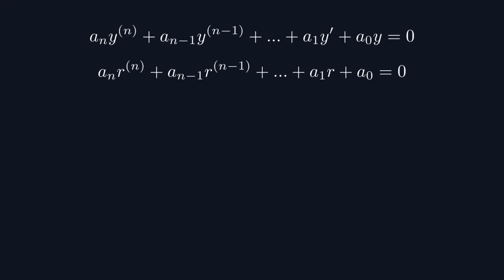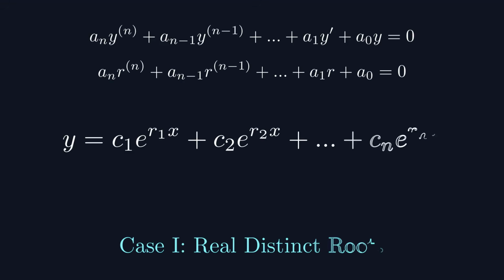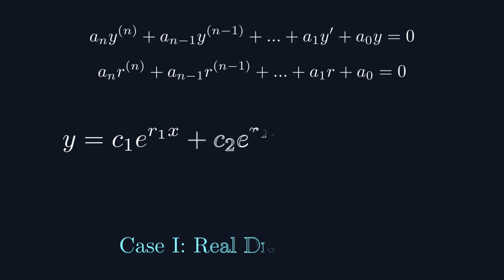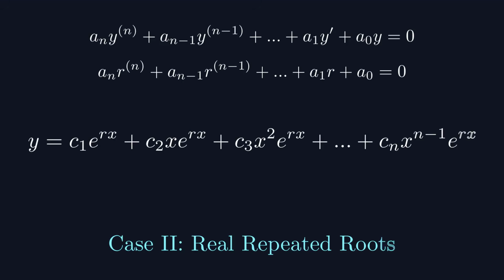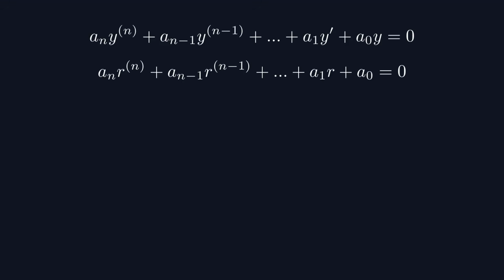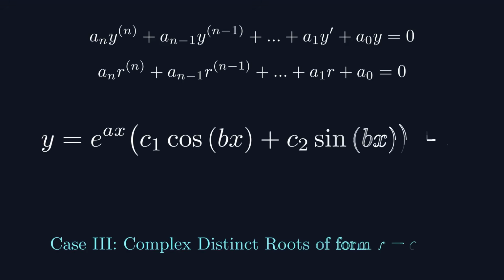The first case is if we have real distinct roots. The second case is if we have real repeated roots. And the third case is if we have complex distinct roots of the form r equals a plus or minus bi.